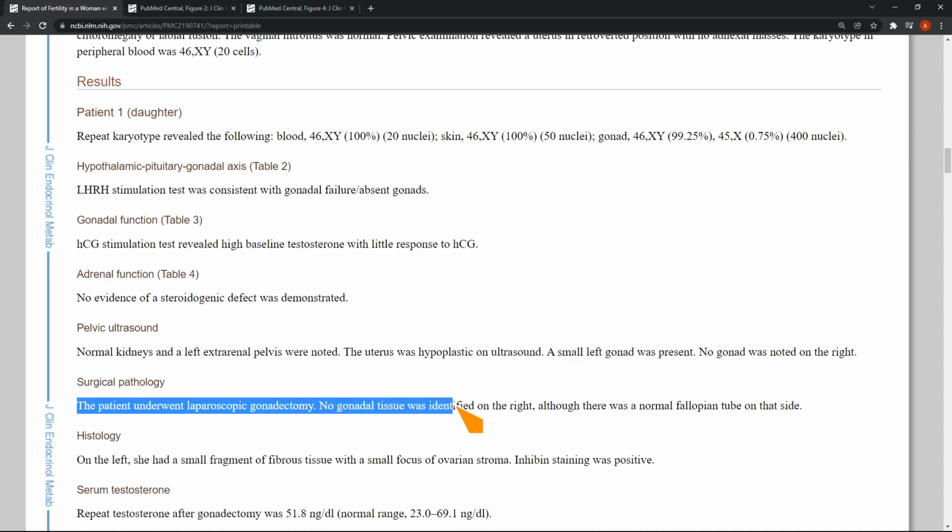No gonadal tissue was identified on the right, so there was completely nothing there, although there was a normal fallopian tube on that side. So it appears as though the normal uterus and sexual organs developed fine up until making the ovaries.